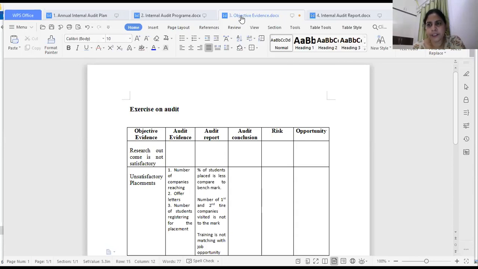The degree placement officer says that only 10 companies have visited and I have a record of only 20% placement details. When I ask, the placement head says I have forwarded all the mails related to degree to the placement officer, my job is done. So according to me, 93 companies have come.